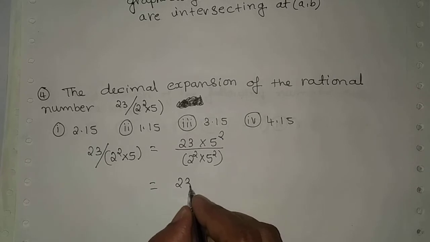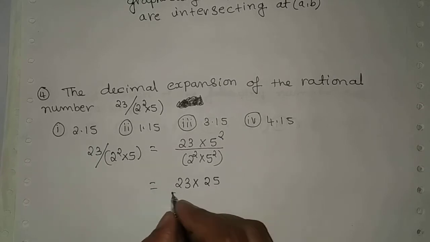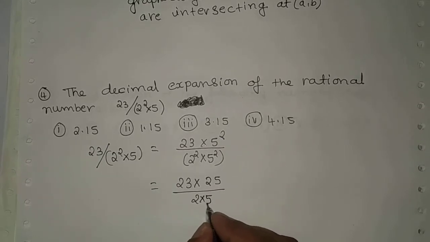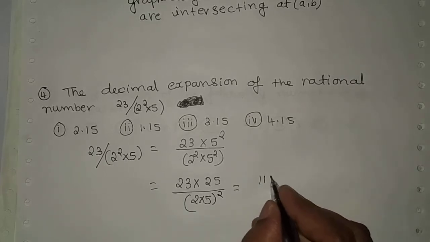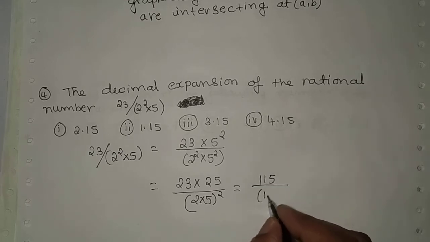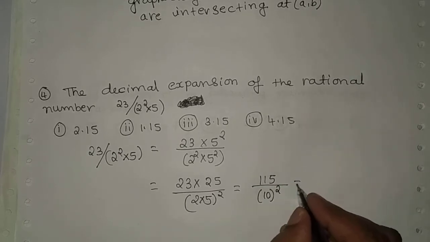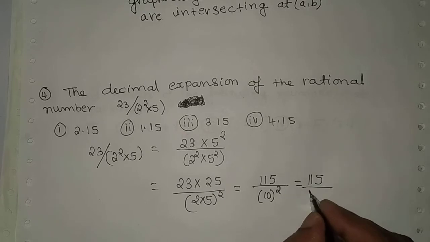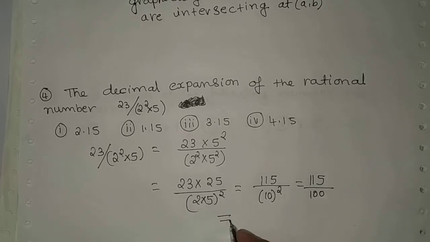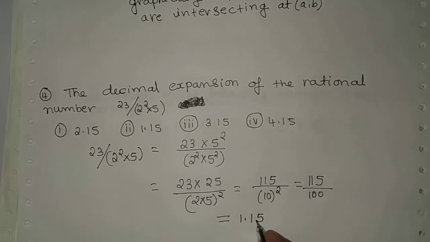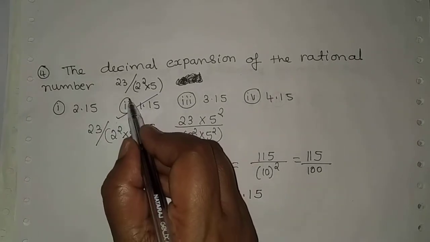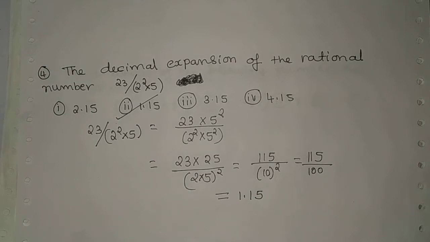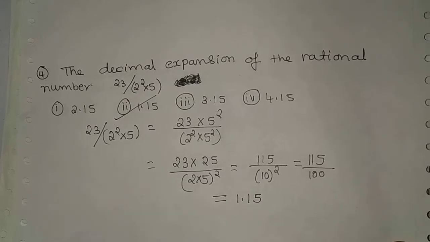So the next step is 23 into 25 by (2 into 5) the whole square, which is 23 into 25 will become 115, then 10 square. Therefore 115 by 100 is equal to 1.15. So the decimal expansion of this rational number is option 2, that is 1.15. This is the solution for the fourth problem.